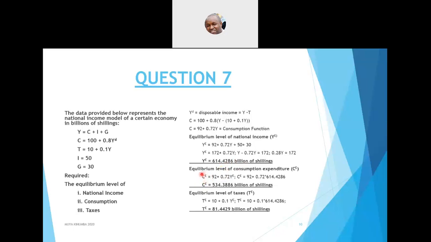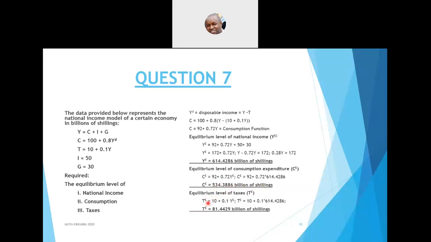Consumption expenditure at equilibrium would be equal to 92 plus 0.72 times the equilibrium level of income, which we had computed previously. So we multiply by this figure, and it will give us 534.3886 billions. We do the same for taxes.